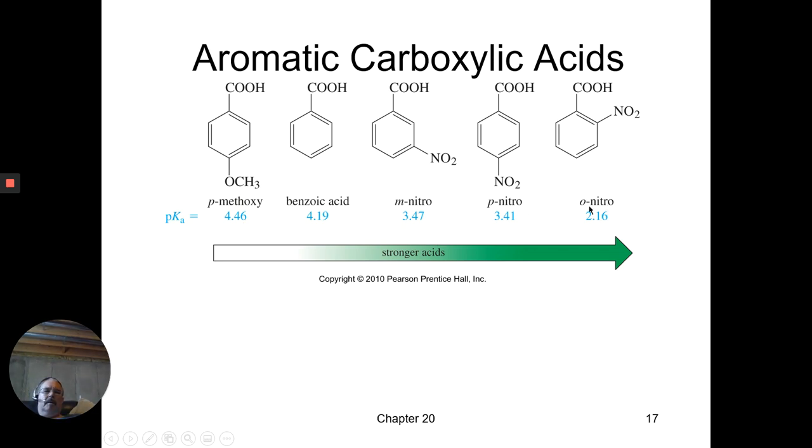An ortho-nitro: here the nitro is strongly electron withdrawing, and it's closer to the carboxylic acid group, and so that has a significant effect. This is now about 100 times more acidic than benzoic. The para-nitro and meta-nitro also increase the acidity, but not as much.